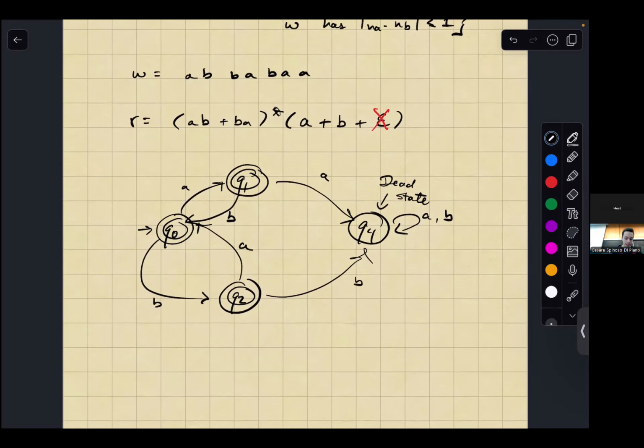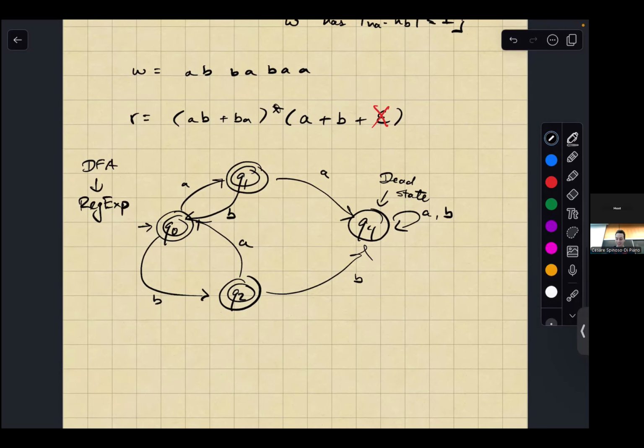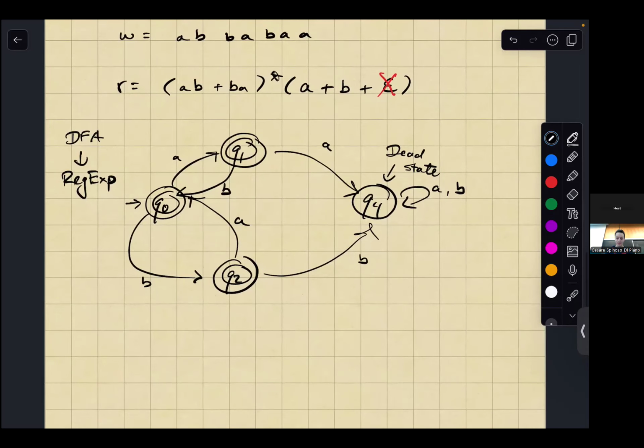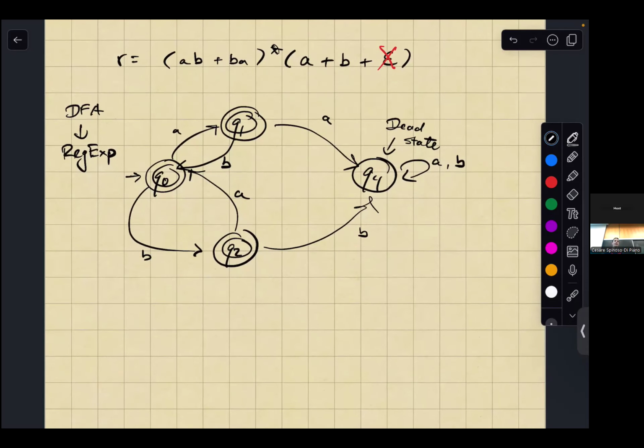I'm going to take this DFA and convert it directly to a regular expression. I'm not going to use the algorithm from class because I think that algorithm is very brutal. Yes, you can use that in the midterm. I'm going to use the one where I just eliminate states.